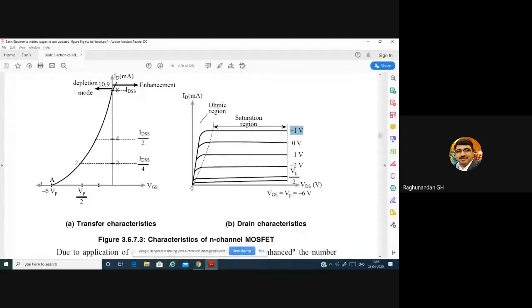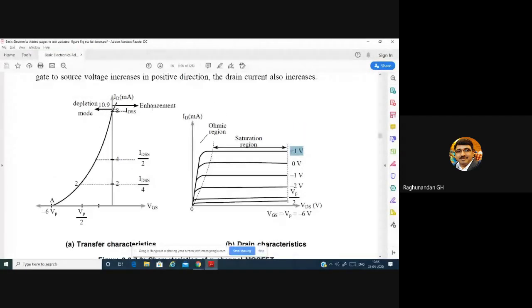You can see that as the negative gate to source voltage keeps on decreasing, the current keeps on increasing. At VGS equal to 0, you have maximum current. But if you still increase VGS in the positive direction, you can see the curve is still increasing.